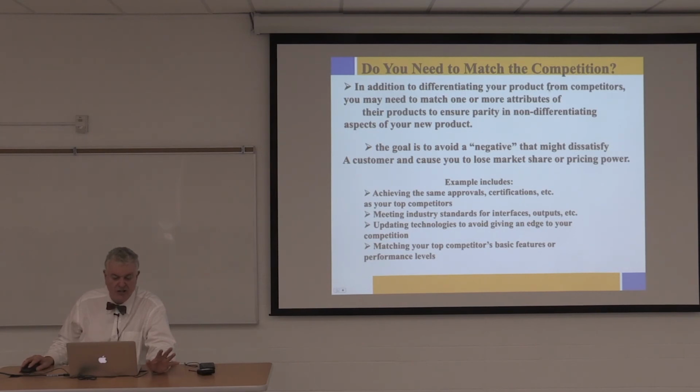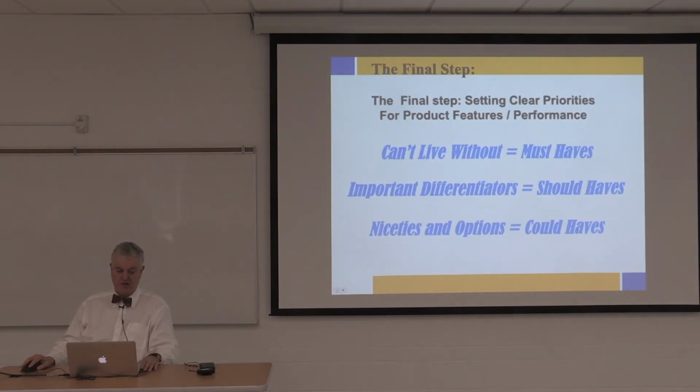In addition to differentiating your product from competitors, you may need to match one or more attributes of their products to ensure parity. But you're not differentiating. The next thing is you have to differentiate from them. Maybe achieving the same approvals, certifications as your top competitor, meeting industry standards for interfaces, matching your top competitors' features.